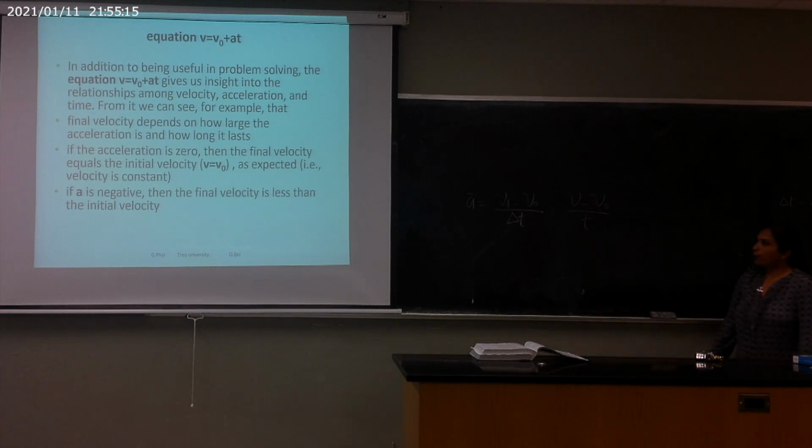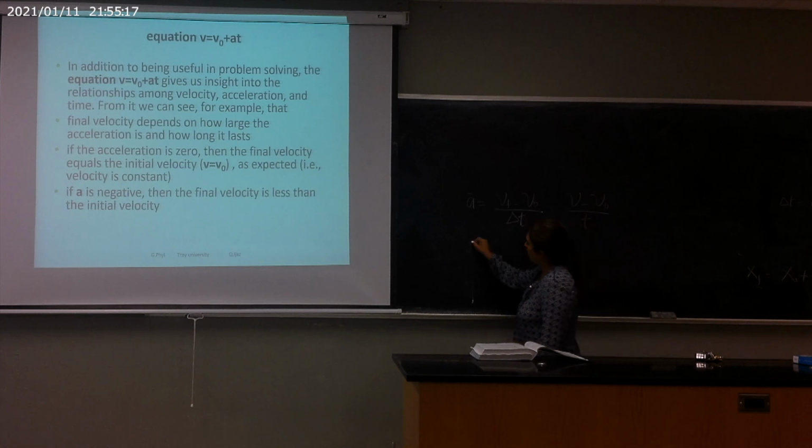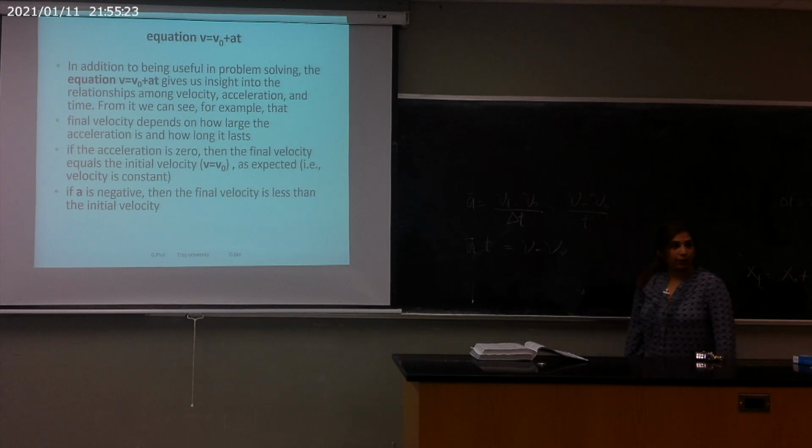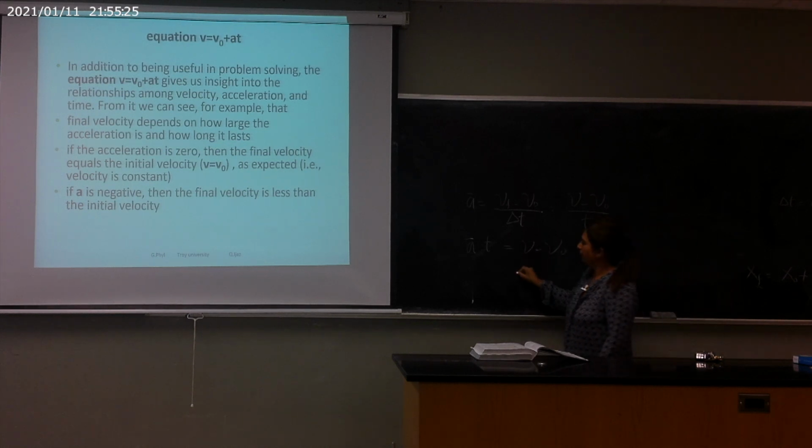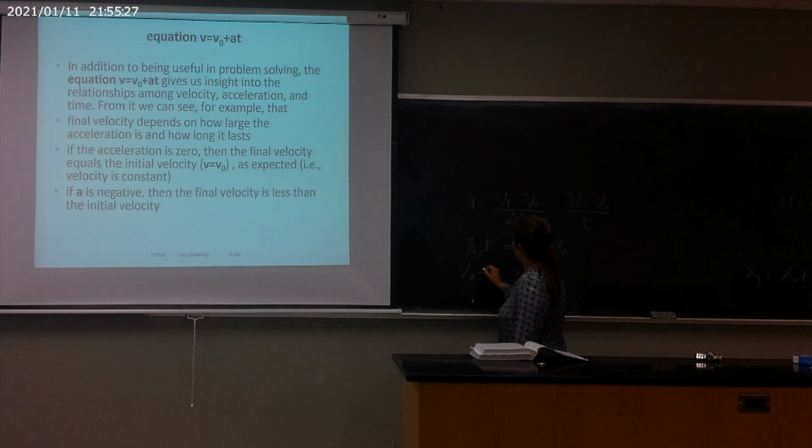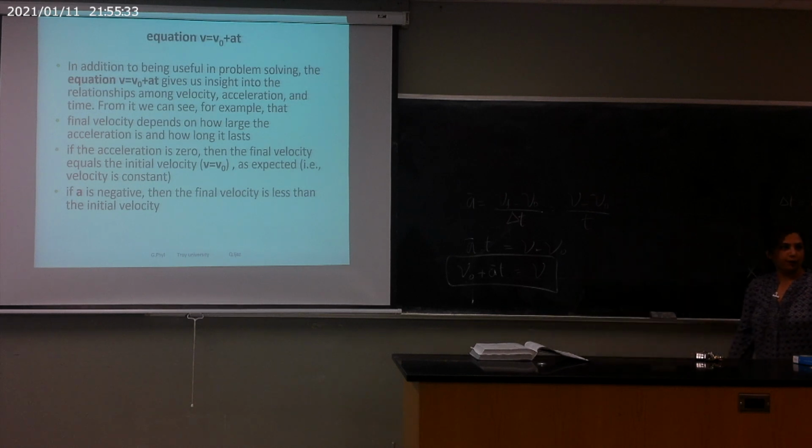If I multiply both sides by time, and add V naught on both sides, that is our equation of motion, which can be used in a different form, but it is essentially the definition of acceleration that we have done before. Nothing new about it.